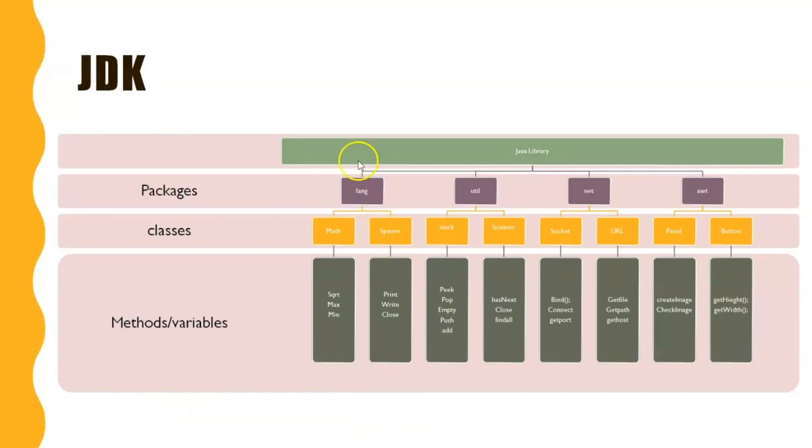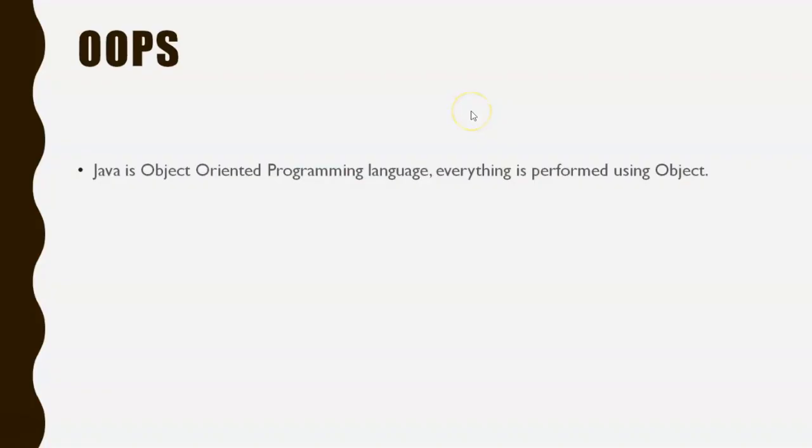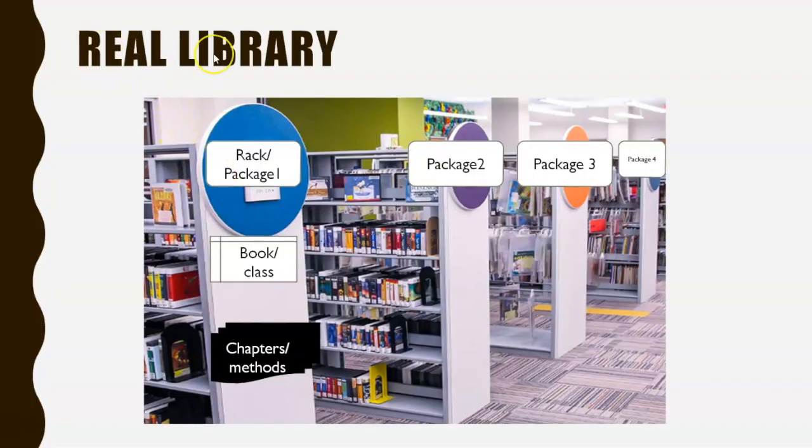Okay, so every package contains classes, each class contains methods. To remember this, I have given one example here. In real life, we have a library. In a library, you imagine there are racks. Rack 1, rack 2, rack 3, rack 4. Each rack I will consider as a package.